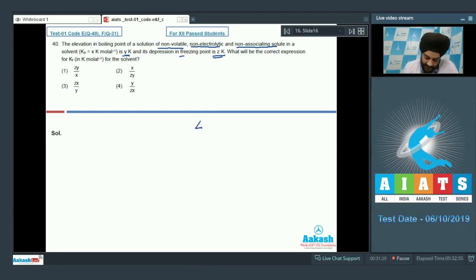Okay. So we have delta Tf equal to Kf into m. The value of i shall be equal to 1 as it is non-electrolytic and non-associating. So the value of delta Tf given to us is equal to Z. Okay. The value of Kf we have to find out.